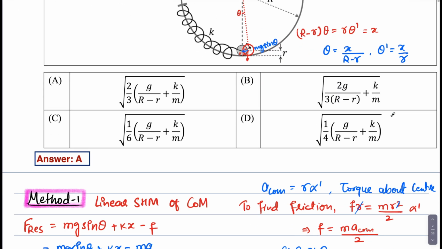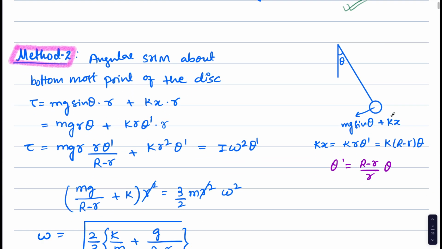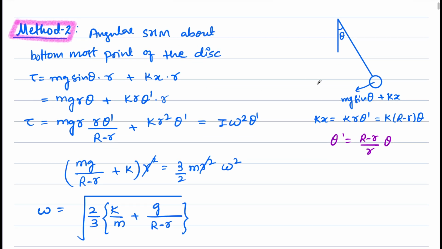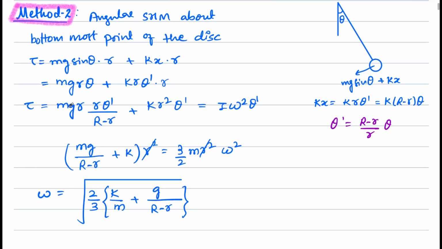So now how do we find it using the angular SHM method? When we write angular SHM about the bottommost point of the disk, we will have to write the torque about the bottommost point of the disk. Here we had already seen mg sin theta force is coming and kx force is coming, right? So what is the torque of mg sin theta about the bottommost point?